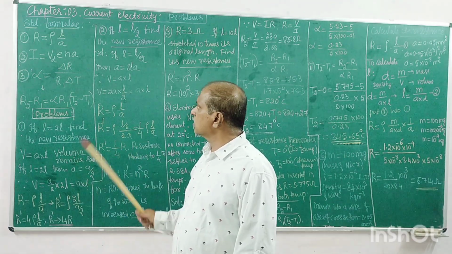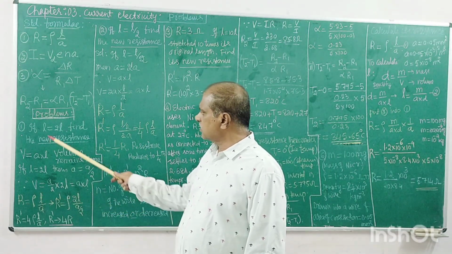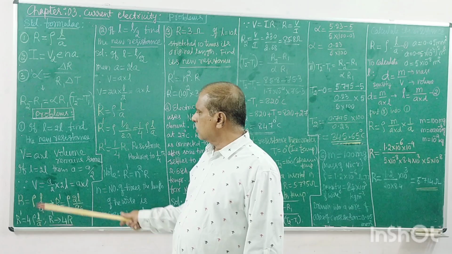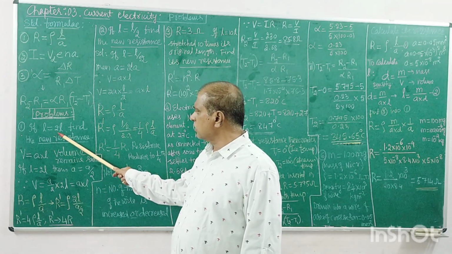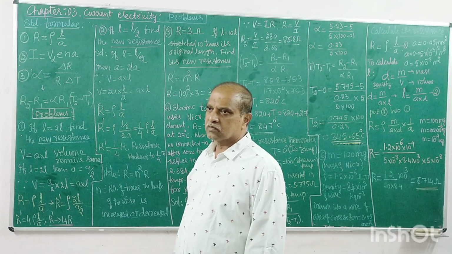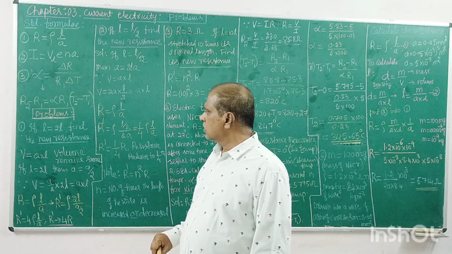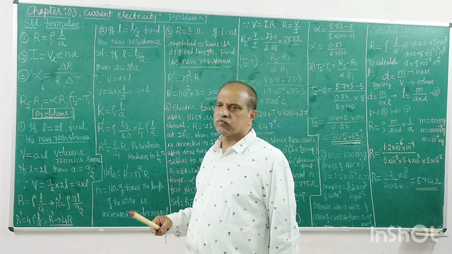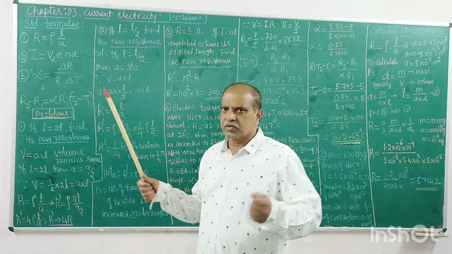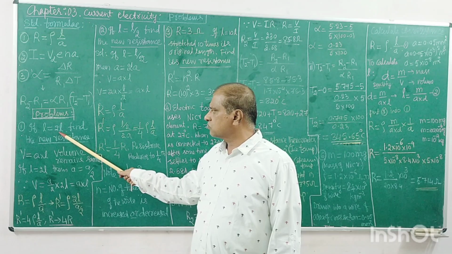So let us work out the problems on this formula. The first problem is, if L equals 2L, find the new resistance. What does it mean? The problem: there is a metallic wire. It is stretched to double its length.